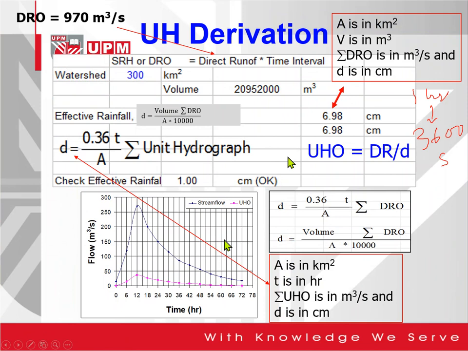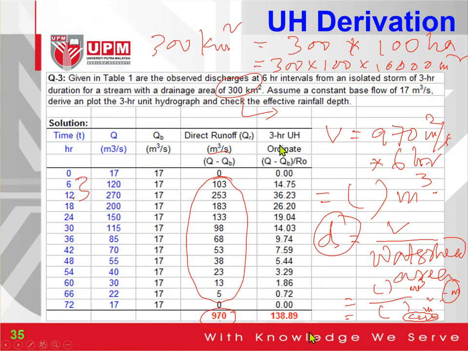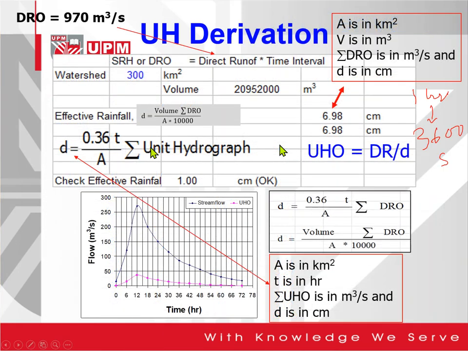But when we do the checking whether it is correct or not, we use the same formula, 0.36 TA. But when you do the summation of unit hydrograph, in that case we use the total unit hydrograph. When you use the unit hydrograph in the same formula, the answer will be 1.